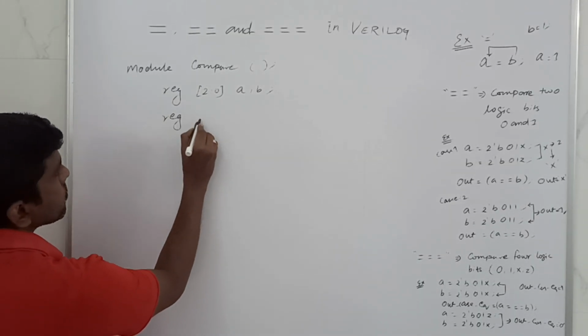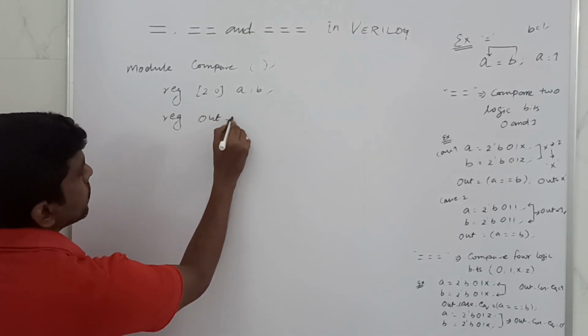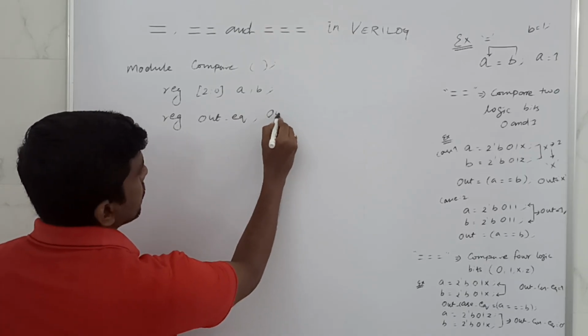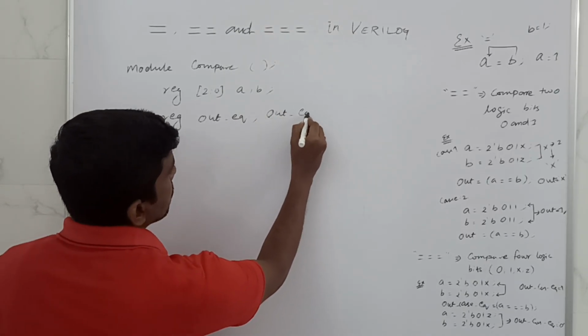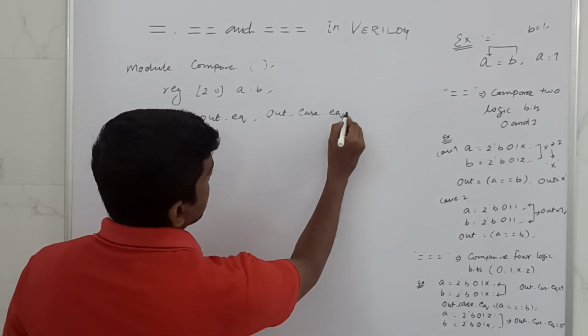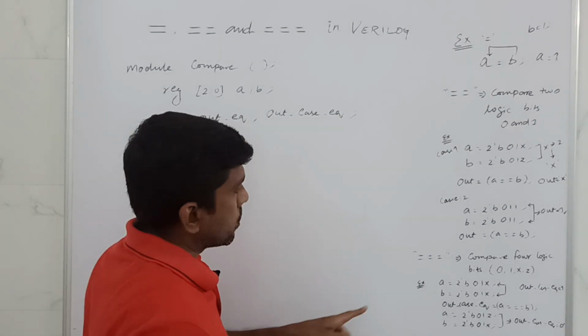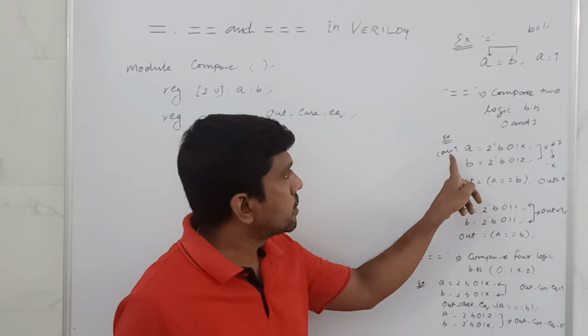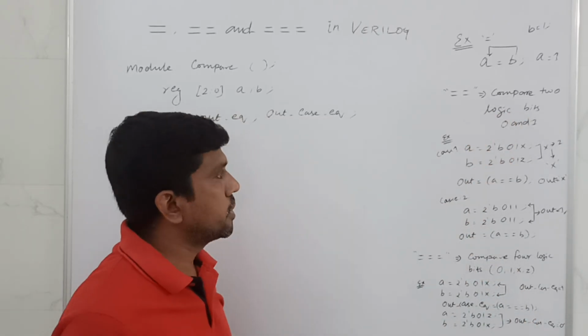Then reg out_equal, out_case_equal. So triple equal means case equality, double equal means equality.